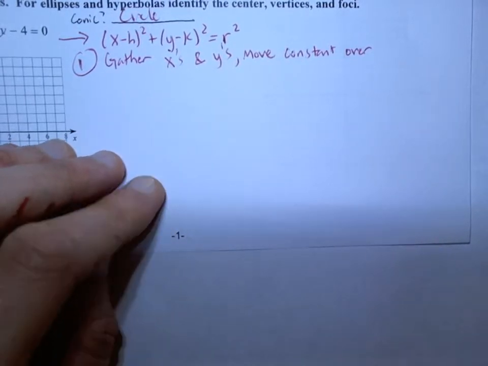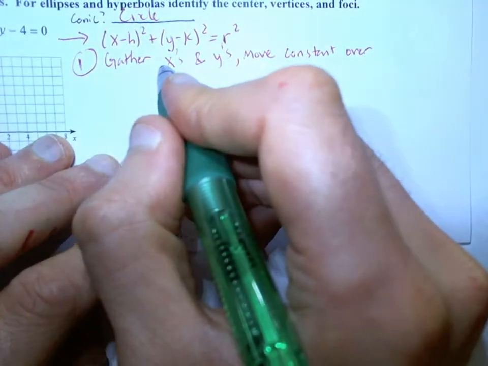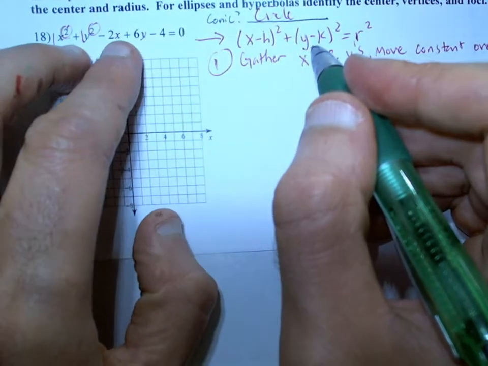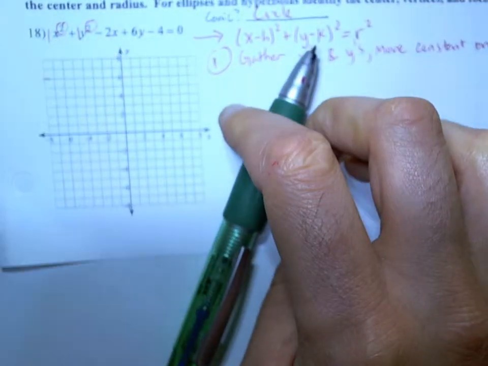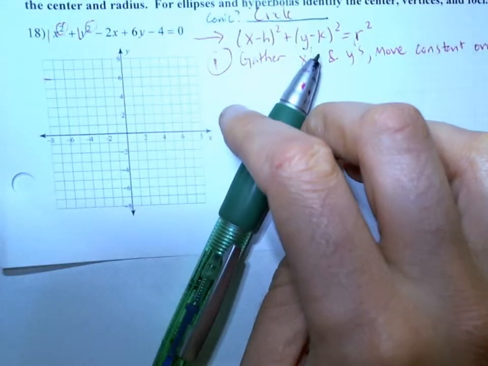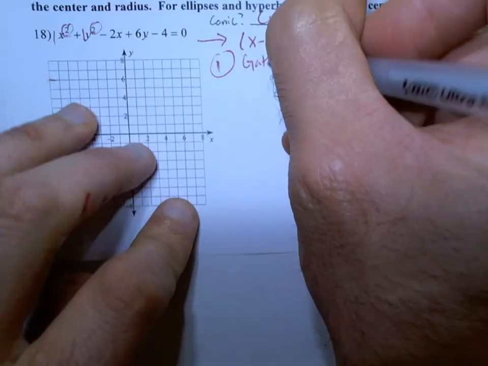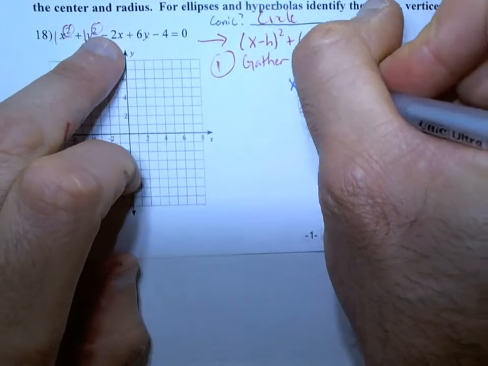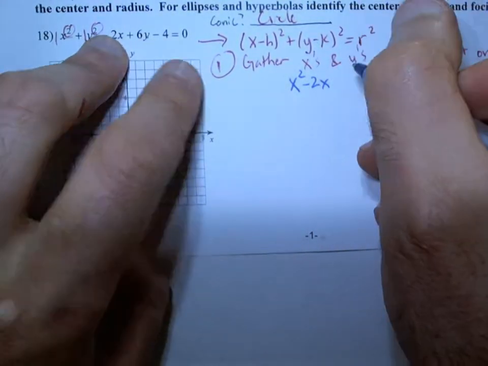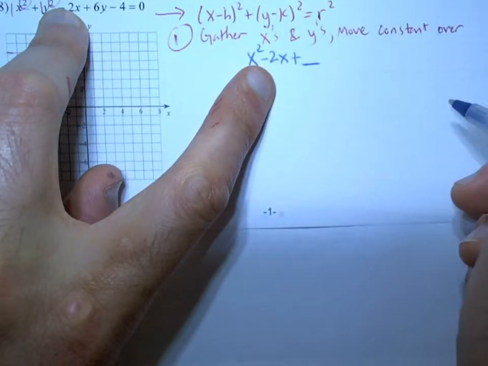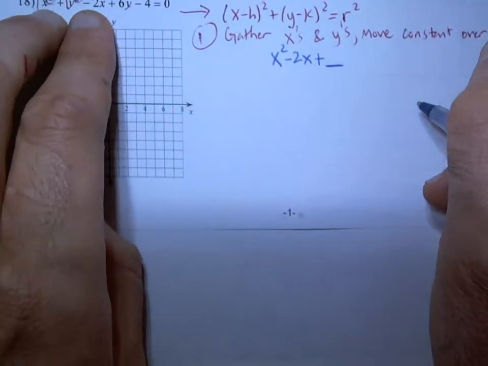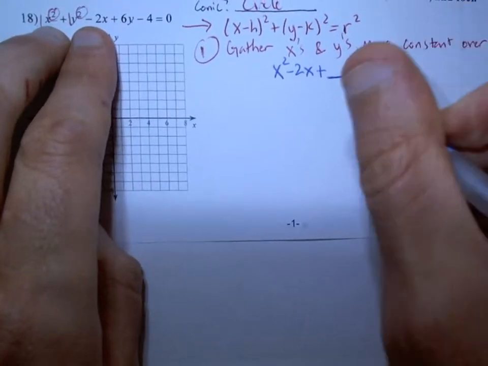Okay, so let's gather the x and y. Put these two together. x squared minus 2x. Now, we're going to be completing the square in the next step, so go ahead and leave a little blank here. x squared minus 2x plus blank.